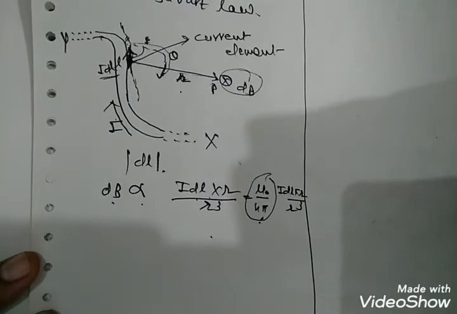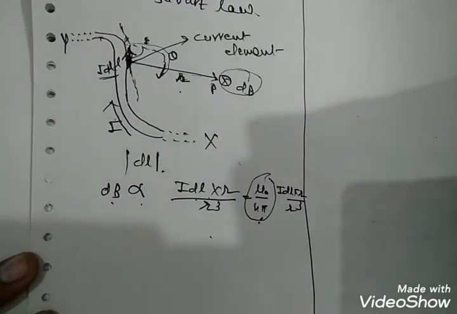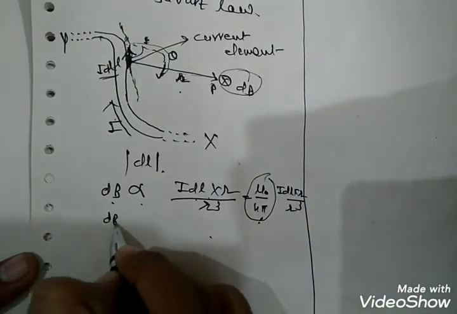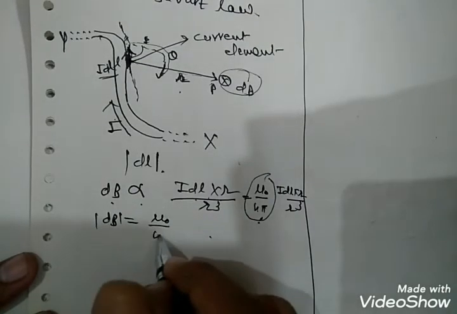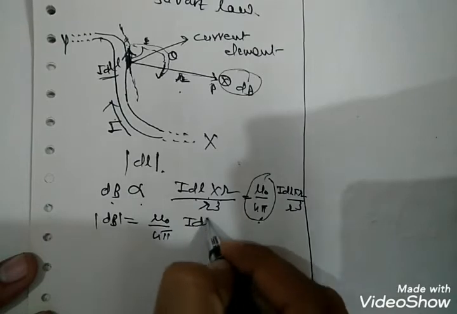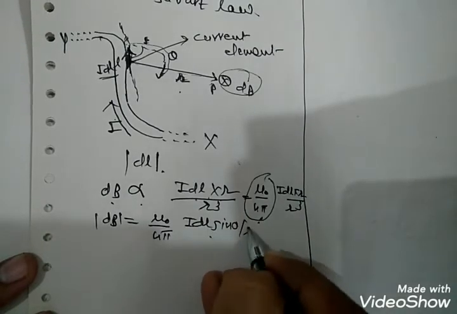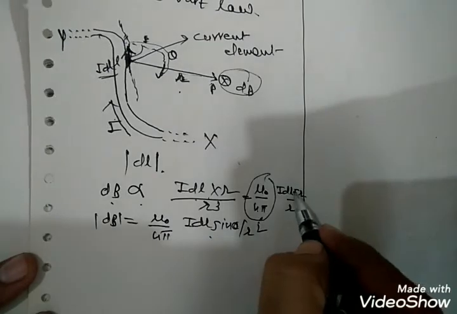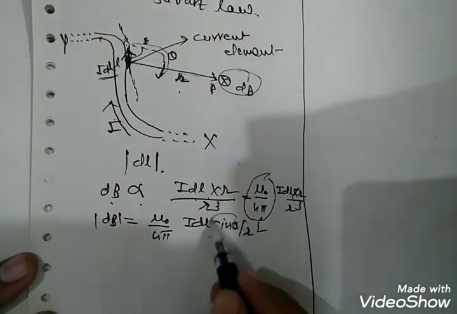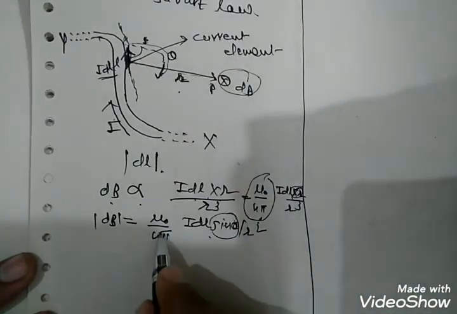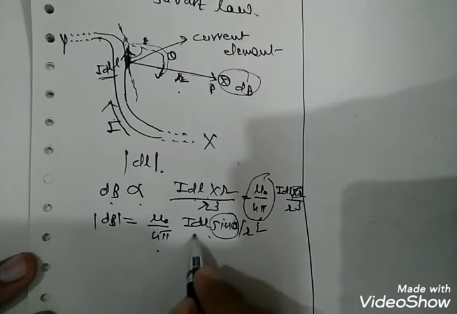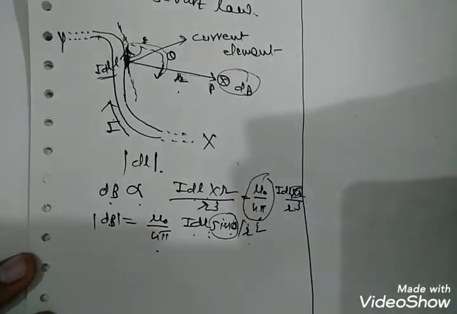When the medium is vacuum, the magnitude of this field is equal to mu 0 upon 4 pi, I dl sin theta upon r square, because a cross product means sin theta, while a dot product means cos theta.